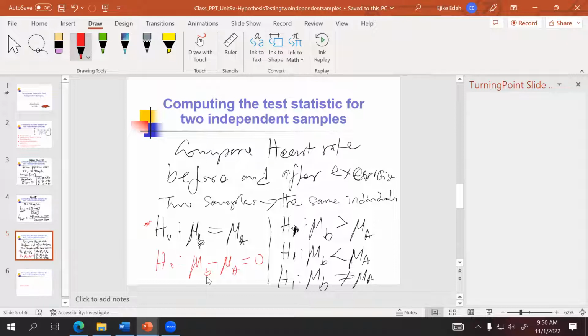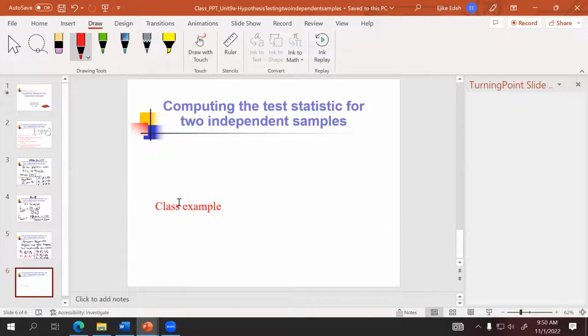Then I'll go ahead and rewrite the alternative also that way. So let's get another page here. Here we've just stated the null as mu before minus mu after. This should give me 0, right, if the two are equal. Okay. The alternative could be written also, right?